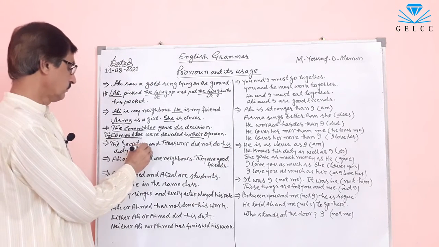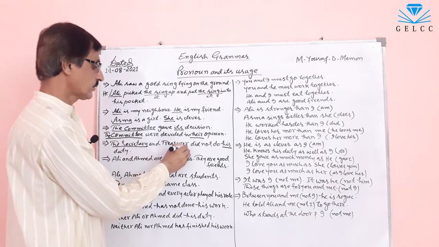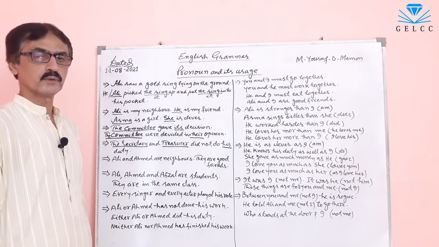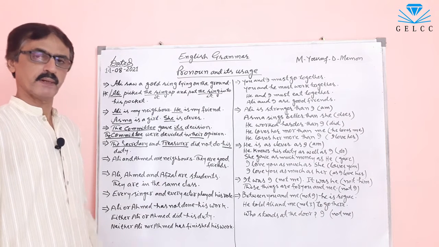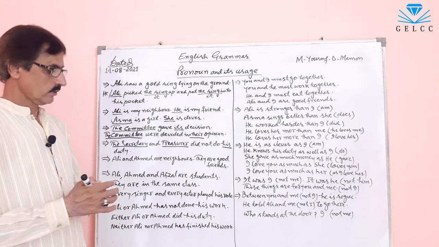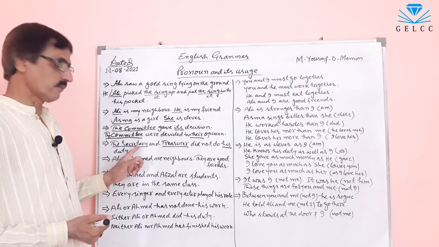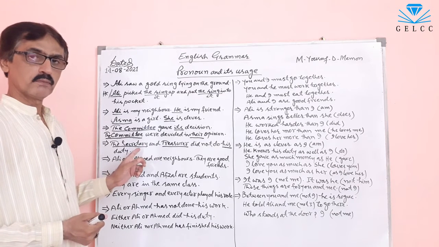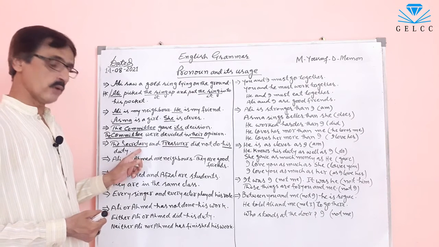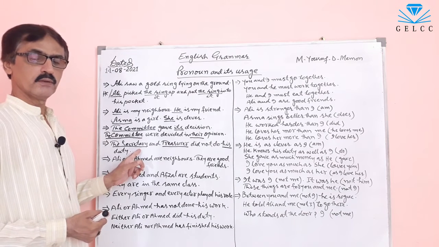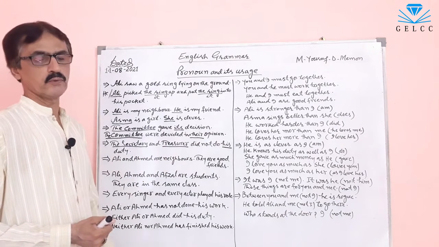The secretary and treasurer, these are two nouns, but the person is the same. Person is one. These are the two posts of the same person. These are two nouns, but person is one. So we have used the pronoun his.